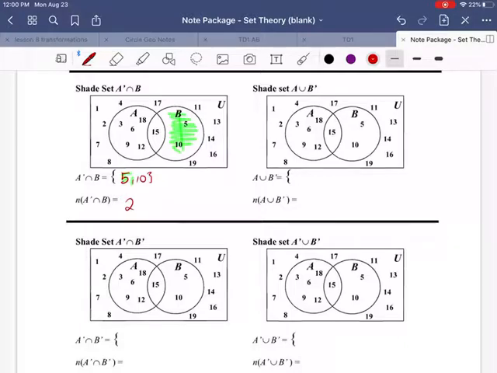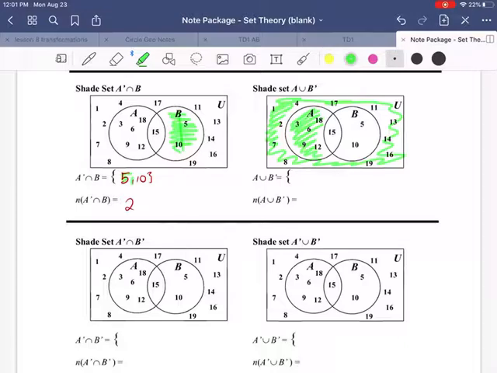So shade set A with the union of the complement of B. So the complement of B is going to be everything here. It's part of the universal set. And we get that.